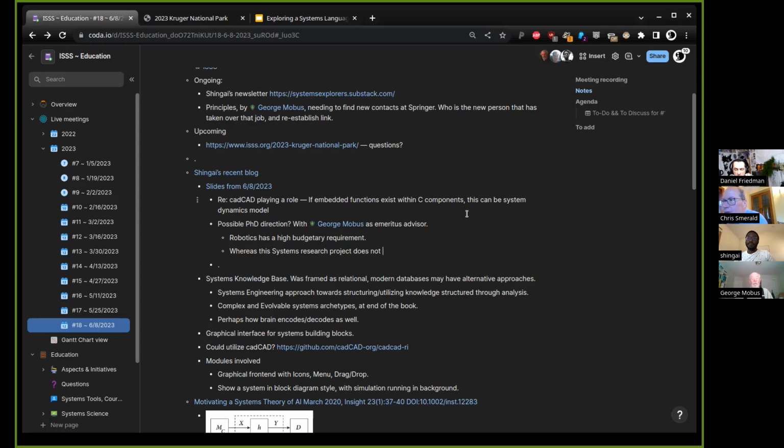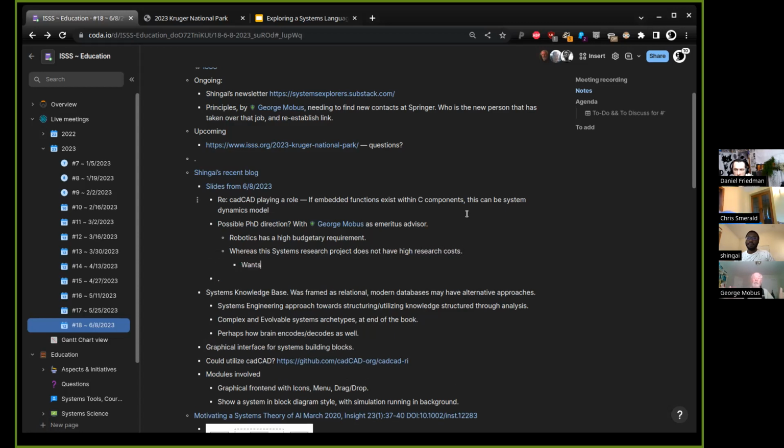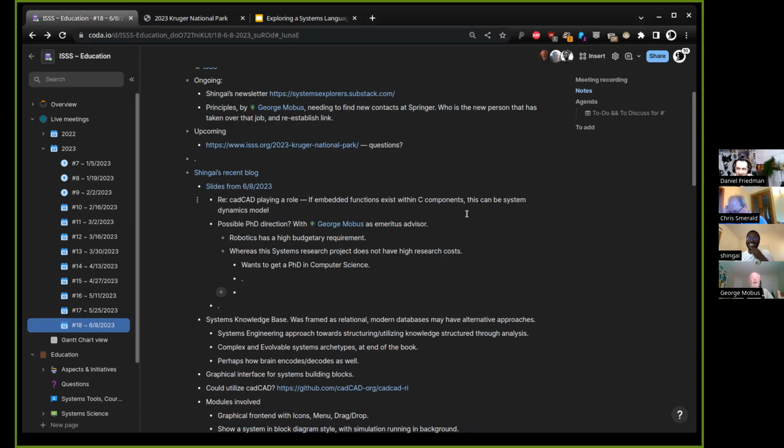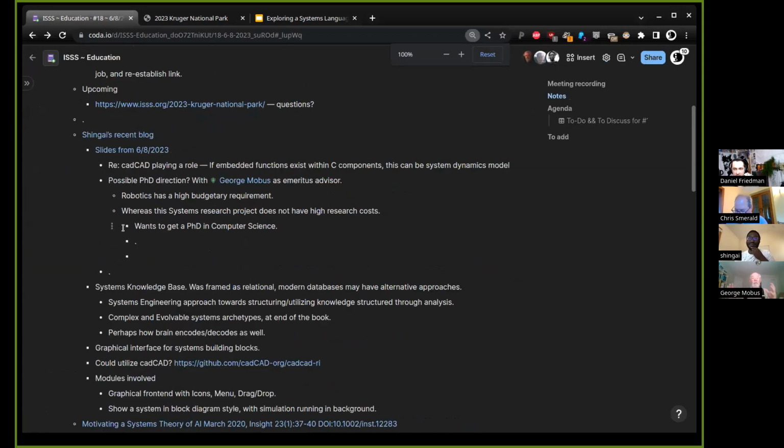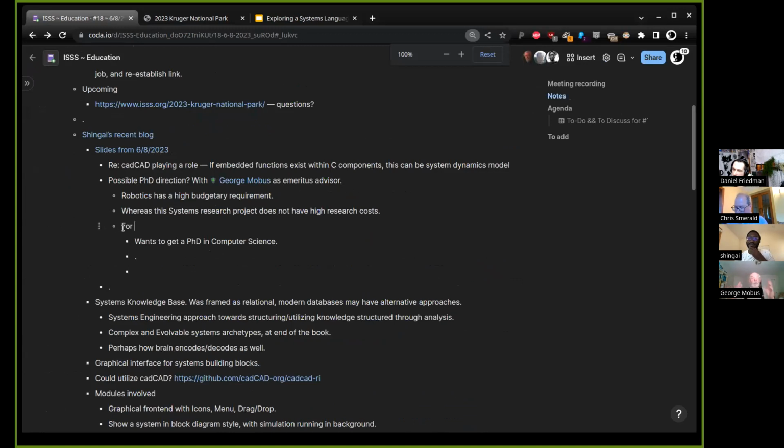But it would have to be someone who wants to get a PhD in computer science, which, by the way, is a pretty good idea in and of itself, because you can get a recognized job doing that. Whereas if you say you're getting a PhD in system science, people are going to say, what does that mean? Is that computer science? So this way you can say yes.